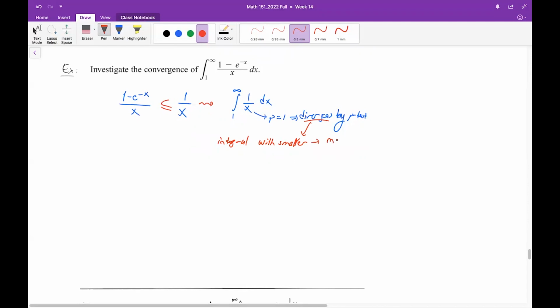So this may converge or may diverge. You cannot be sure of it. So the direct comparison test fails for this question.